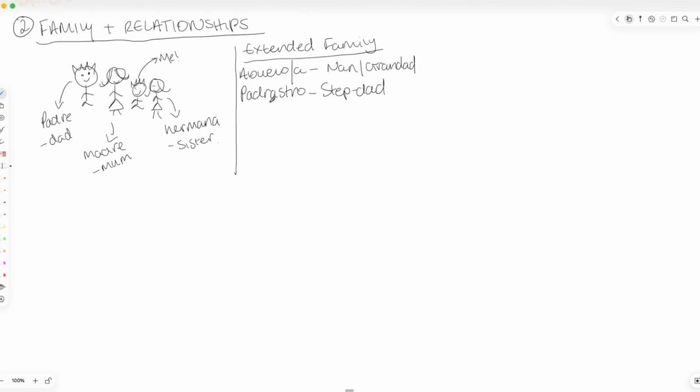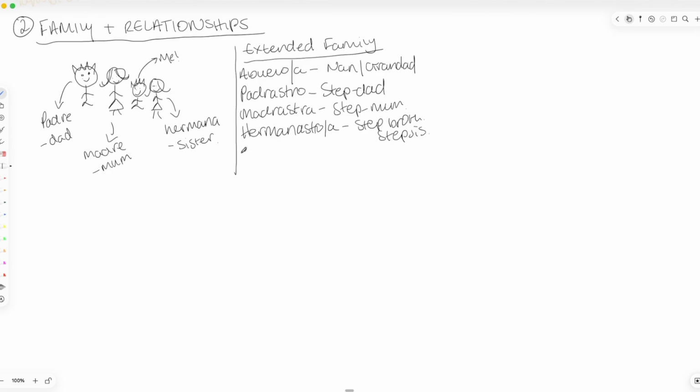Notice the stem is still there, pad. Madrastra, stepmom, hermanastro or hermanastra, stepbrother or stepsister.